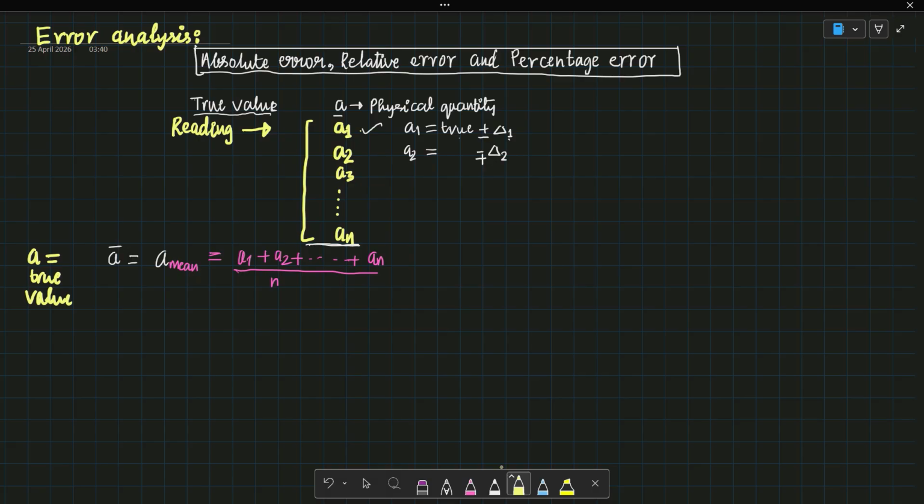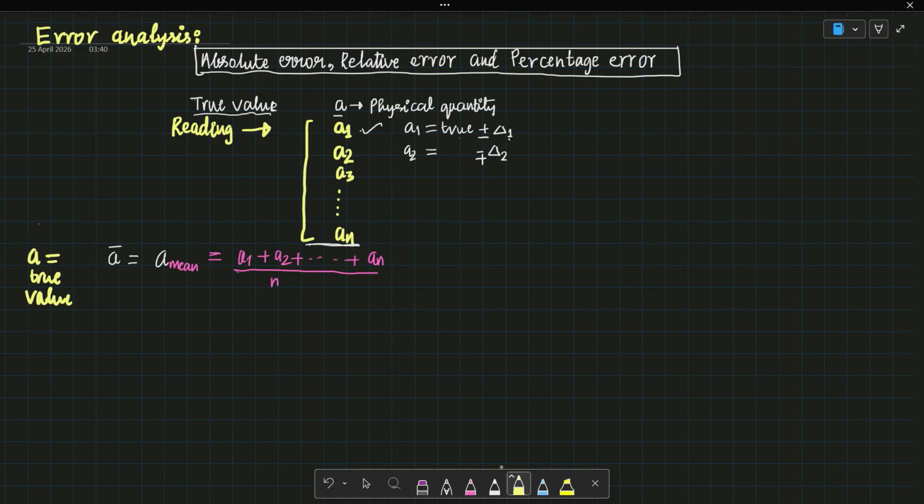We assume that this will be closer to the true value. We cannot know the true value; there is no other way to know it other than this. So A mean is called the true value of the physical quantity. So we now know what the true value is.